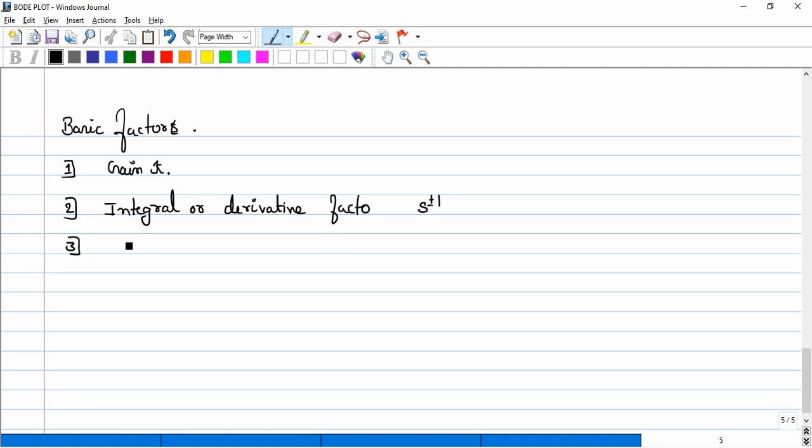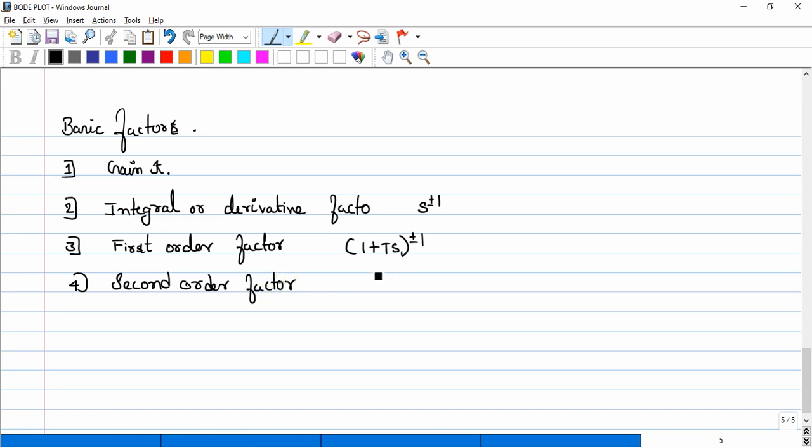And the third factor is the first order factor, which will be in the form of (1 plus Ts) to the power plus or minus 1. And the fourth one is the second order factor, which will be in the form of 1 plus 2 zeta s by omega n plus (s by omega n) whole square. This particular second order factor we have seen in module 3.